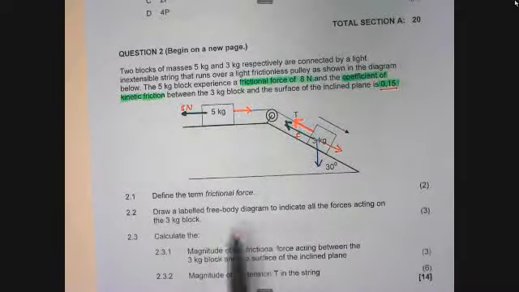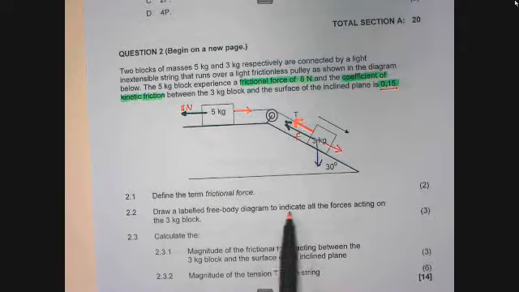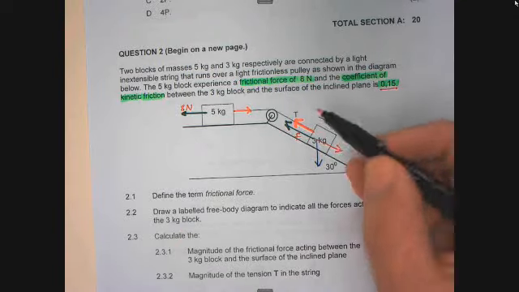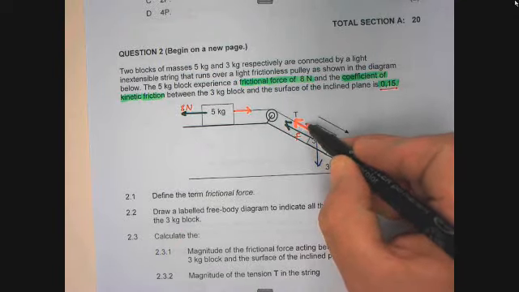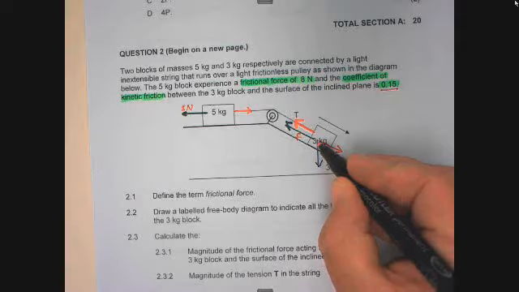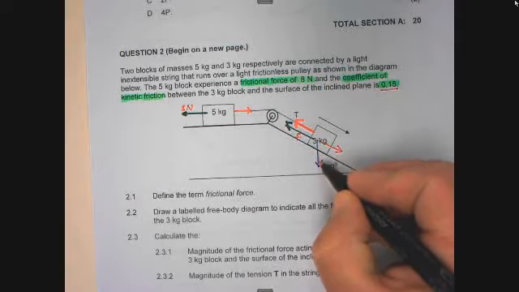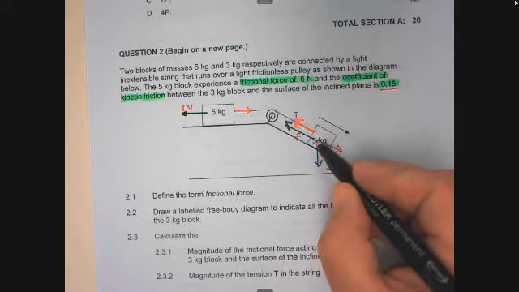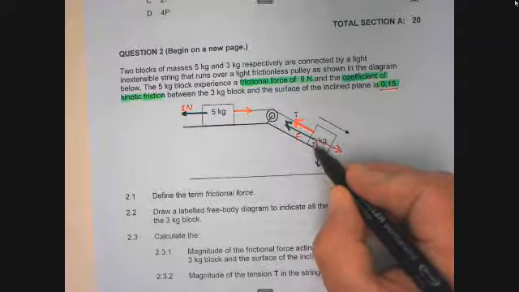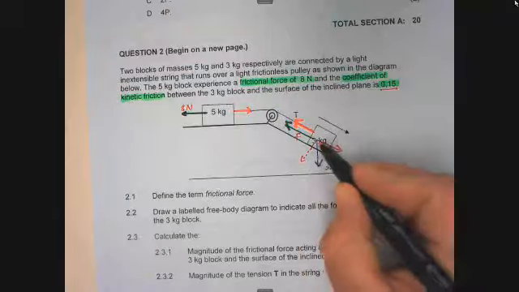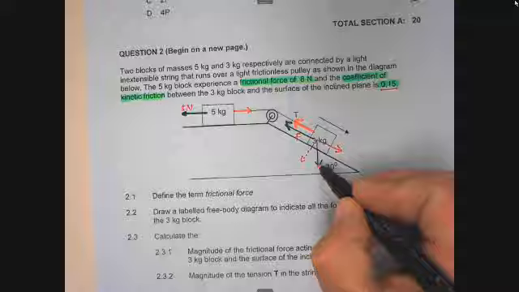Question 2.2, draw a labeled free body diagram to indicate all the forces acting on the 3 kilogram block. So as I've indicated here, there's 3 forces, and you are going to indicate the weight only. Remember, you either indicate the components or the vector itself.